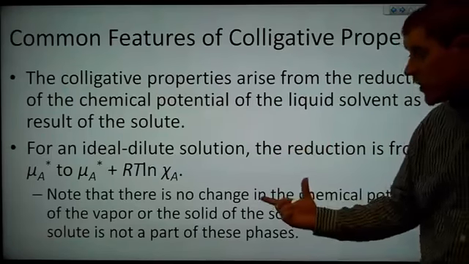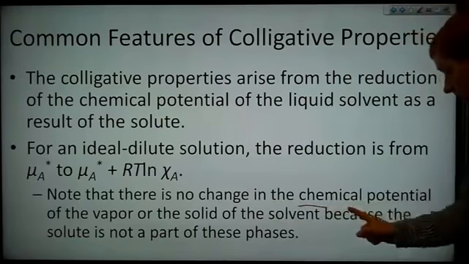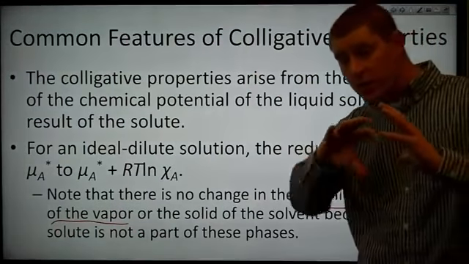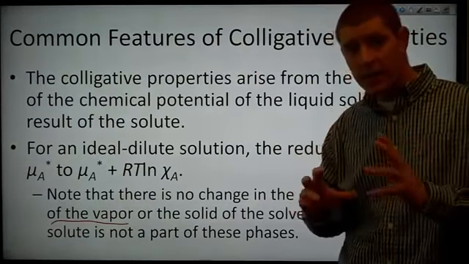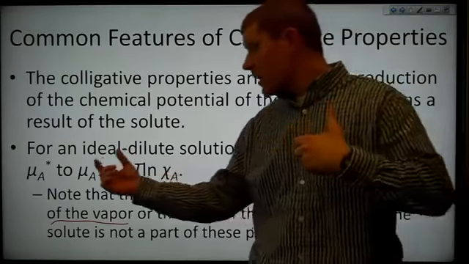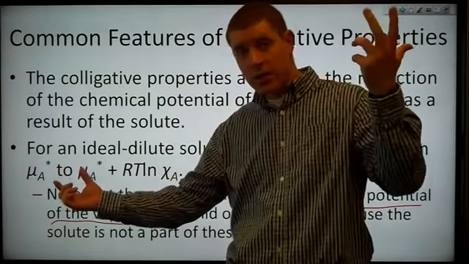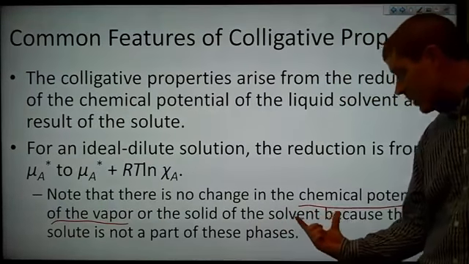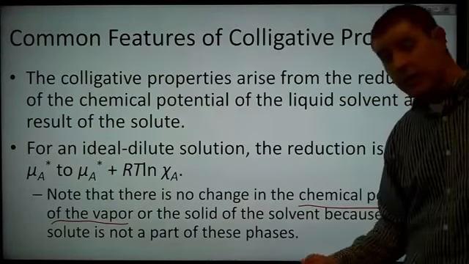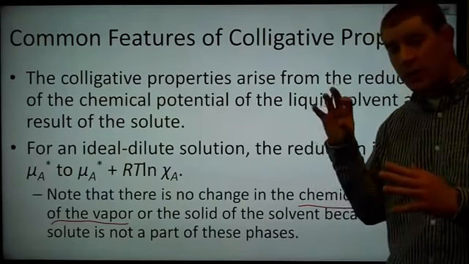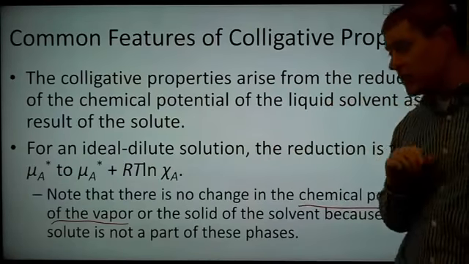For the vapor, we assumed that our solute is non-volatile, so it's not in the vapor phase. So the chemical potential of A in the vapor phase isn't changing because it's still pure. Likewise, the solid solvent is also pure because we're assuming that our solute is not dissolving in the solid.